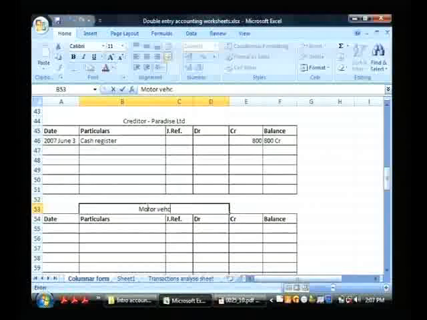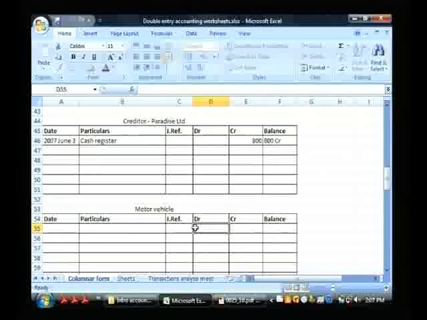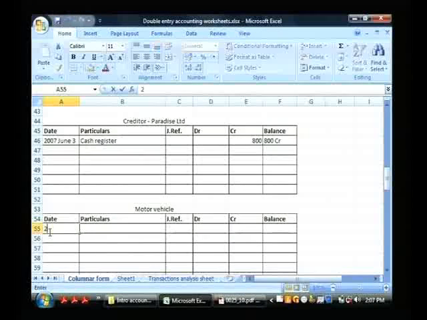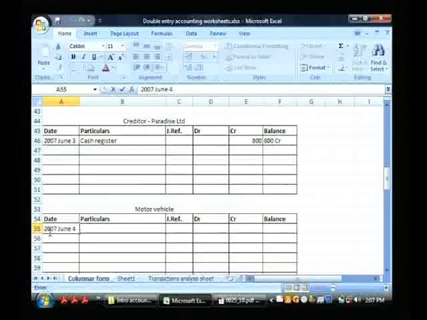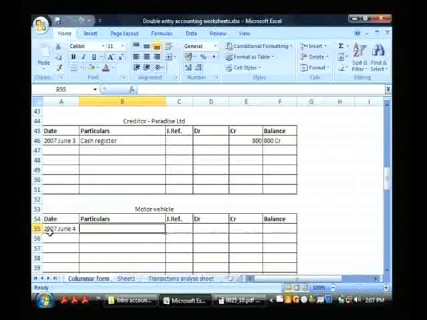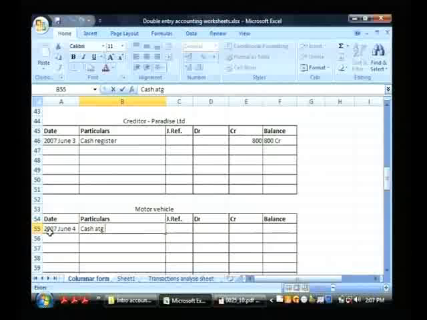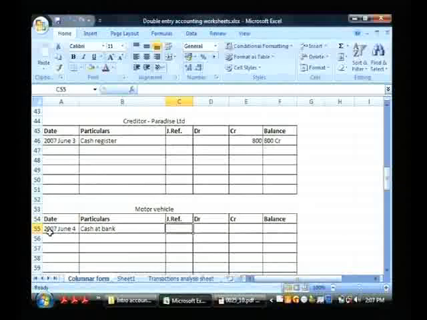Motor vehicle, 2007, June 4th, and cash at bank, similar to the previous entry that we have done.